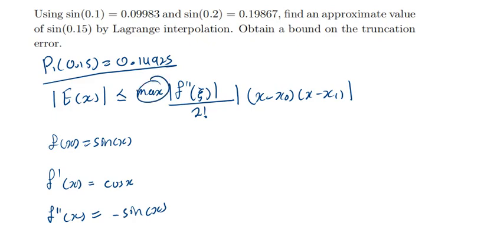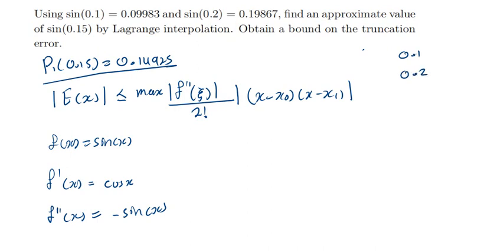Now, since there's a max here, what it means is that on the two points that you have, you have your 0.1 and you have your 0.2.